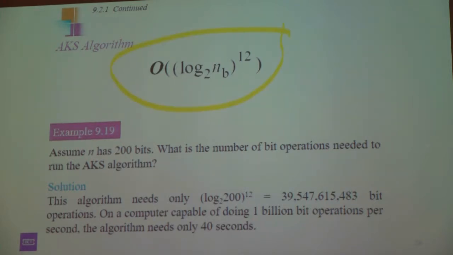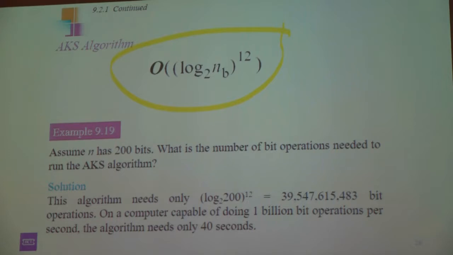What it's trying to tell you is that you have to know the primes, the different techniques to generate primes, the complexity of generating primes, the complexity of factorizing and all that, just to understand things. The complexity here is O of log base 2 of n to the power 12.